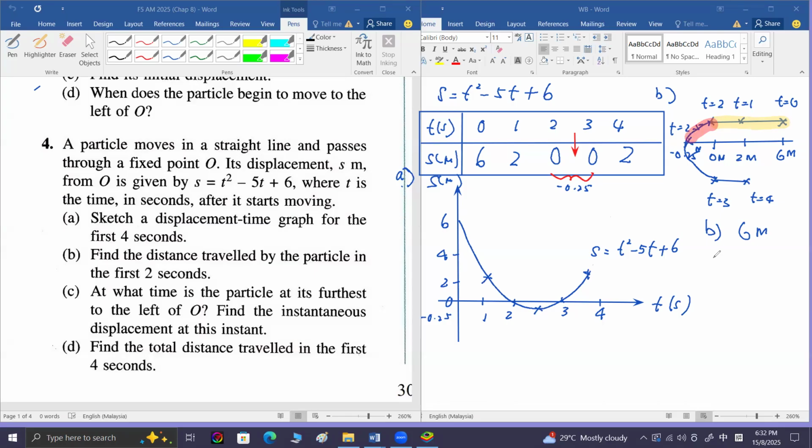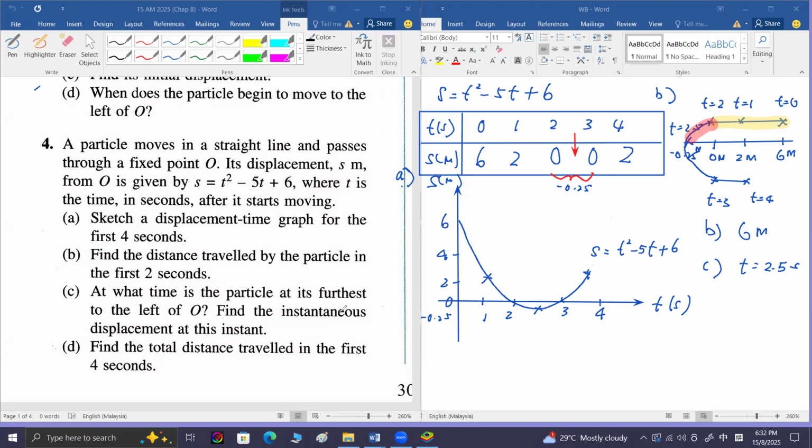So for this part, because the question asked about the distance traveled, 6 meter. But here, it does not mention the distance traveled. It mentions at what time, right? So you tell that t is 2.5 seconds, furthest to the left of O.